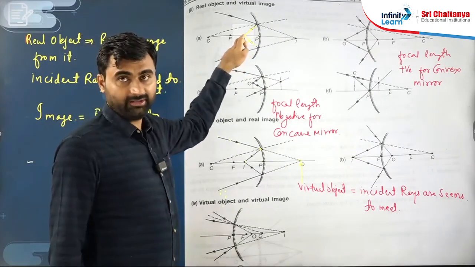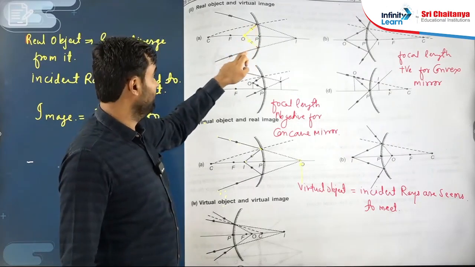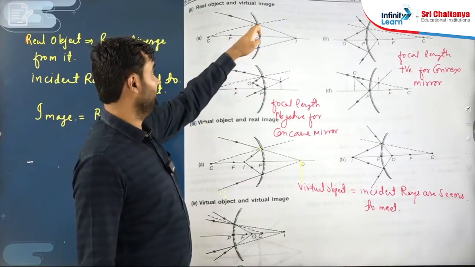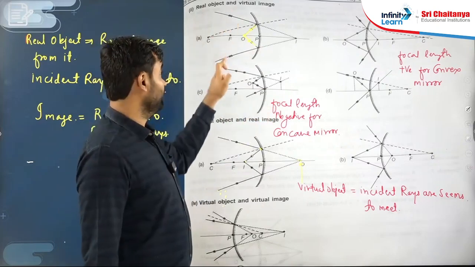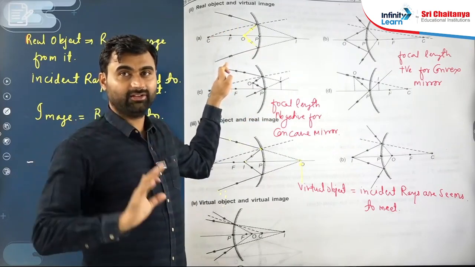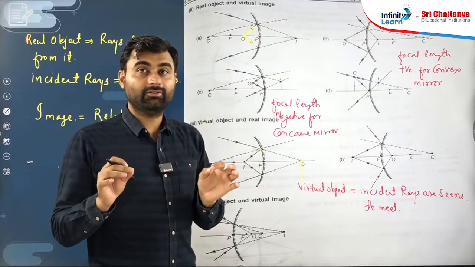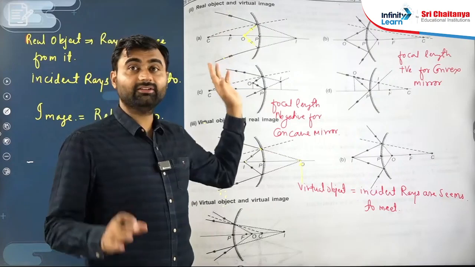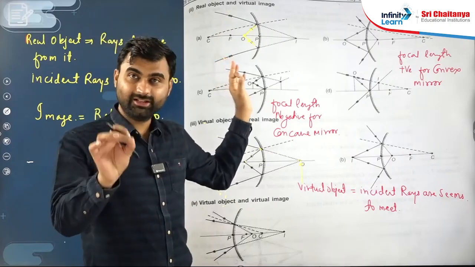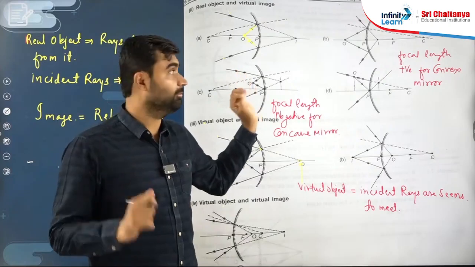This is a real object, yes, because rays are diverging from it. After that these rays are reflected like this. Are both reflected rays intersecting? No, they are not intersecting. If they are not intersecting, they will not form a real image. Is it clear? They will not form a real image.